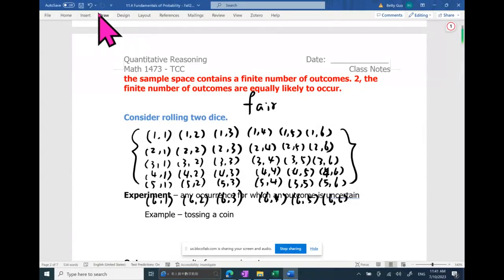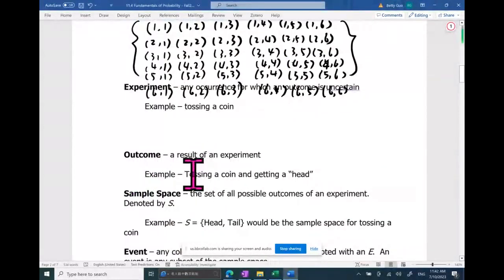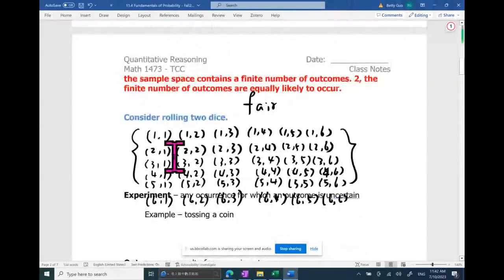Okay, so that is a classical model as well. Those concepts are important, but more important is that you know what a theoretical probability model is. The sample space must contain a finite number of outcomes, and all those outcomes are equally likely to occur. That gives us a theoretical classical model.